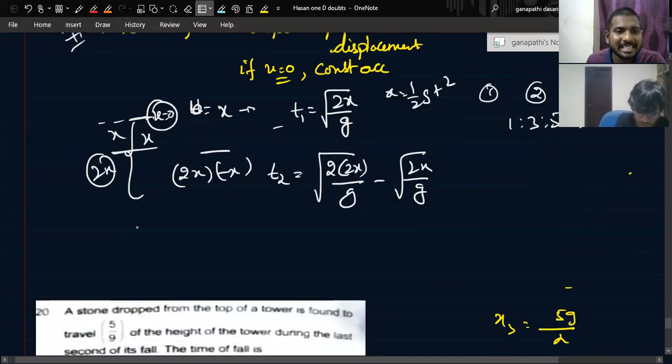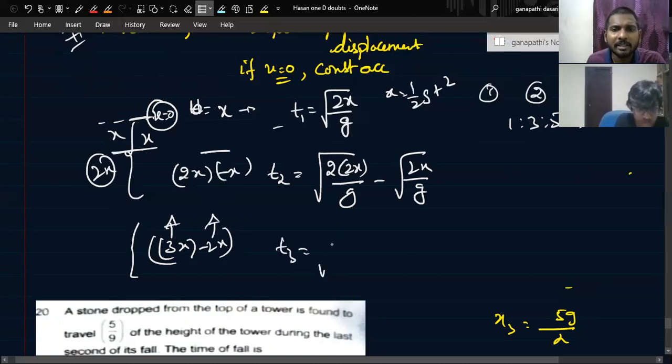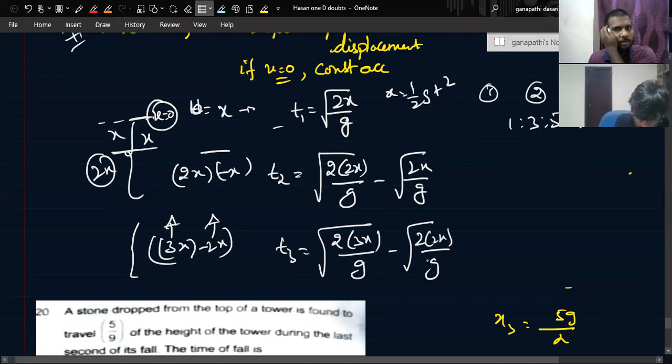Next, what I will do? 3x minus 2x, meaning time taken for 3x minus time taken for 2x. That will become T3 is equal to root over 2 times 3x divided by g minus root over 2 times 2x by g. You got this? How to solve?